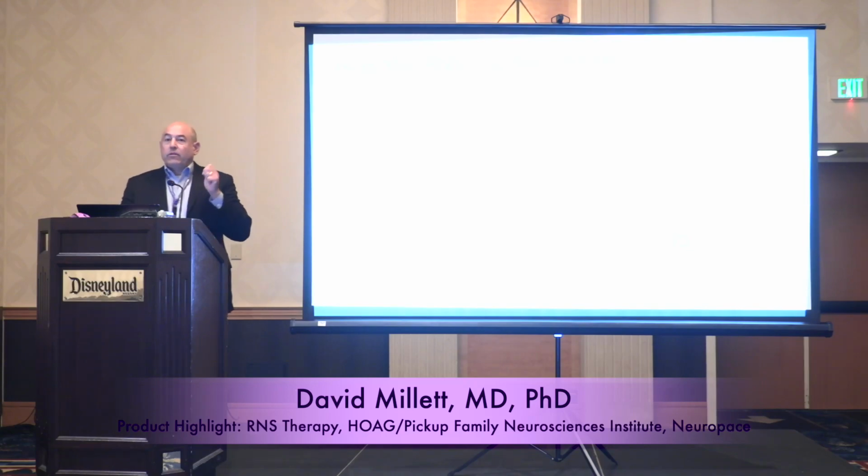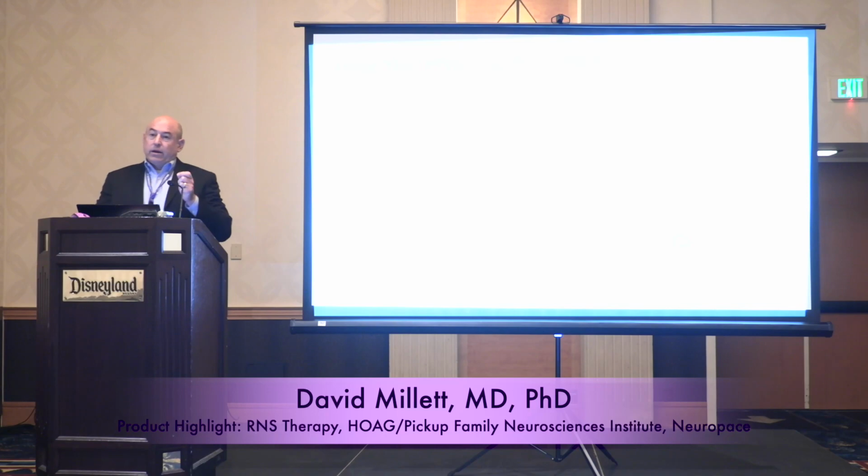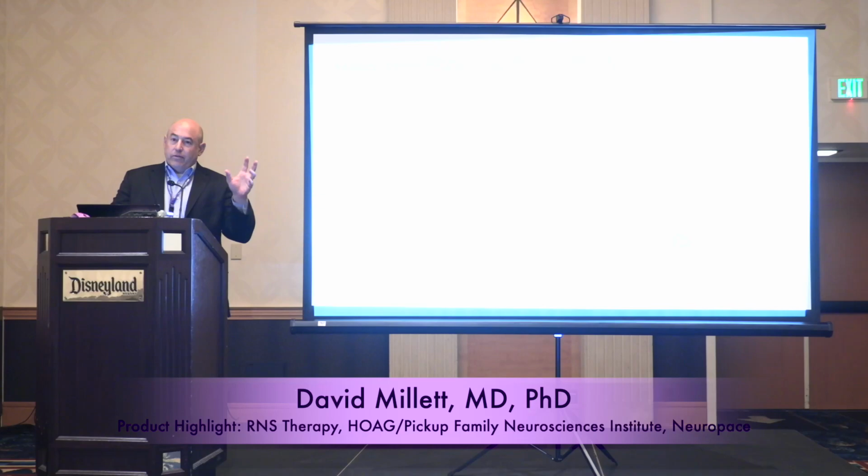That computer then stores data. It recognizes the onset of a seizure. That onset doesn't always become a seizure. Sometimes it's just the very beginning of the seizure, and it would die down. But the RNS recognizes all of those and stores them.